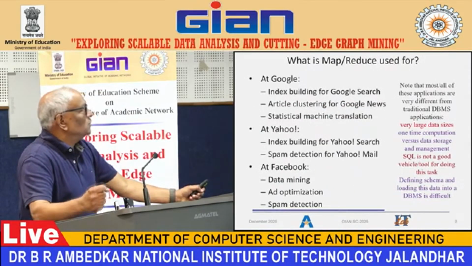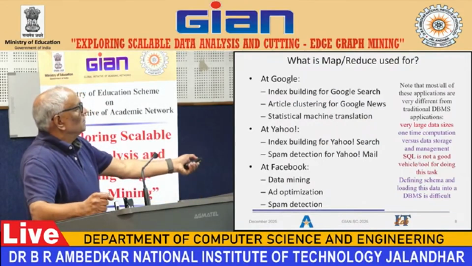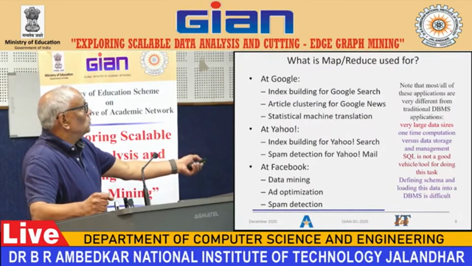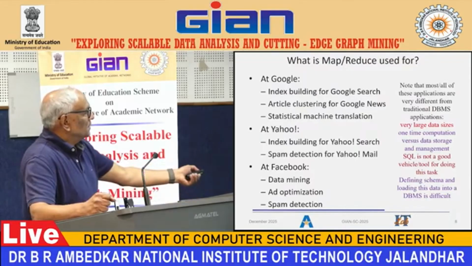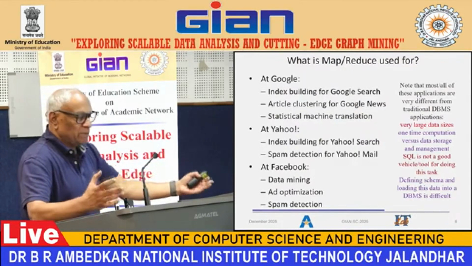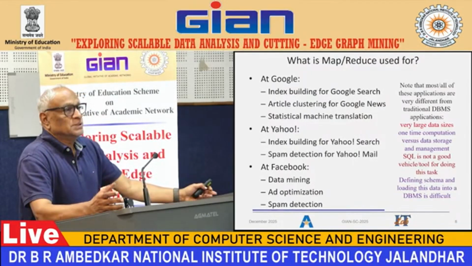So what do people use MapReduce for? At Google, they use it for index building, article clustering for Google News, and statistical machine translation. At Yahoo, same thing. Index building is a very data intensive job because just imagine what index building is.